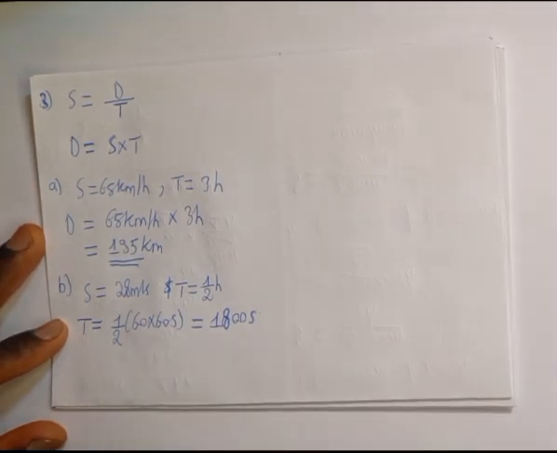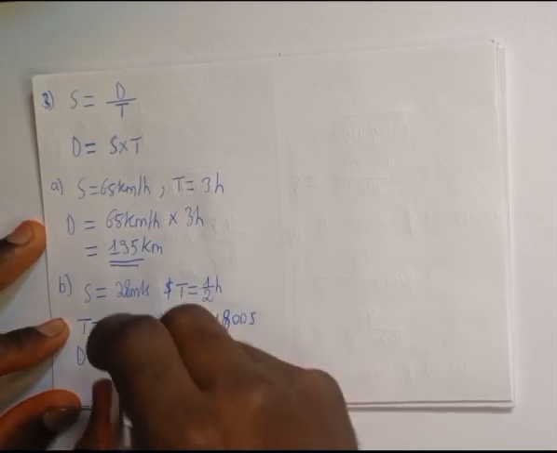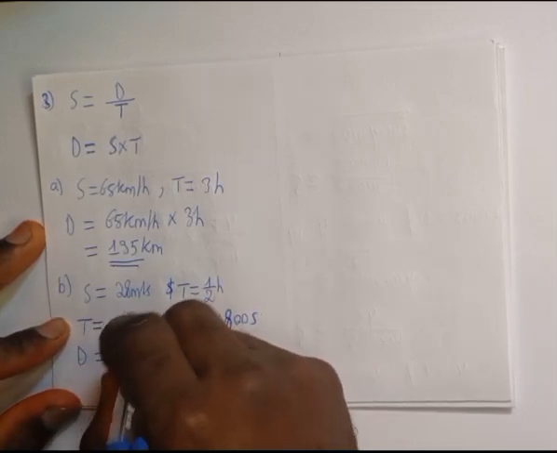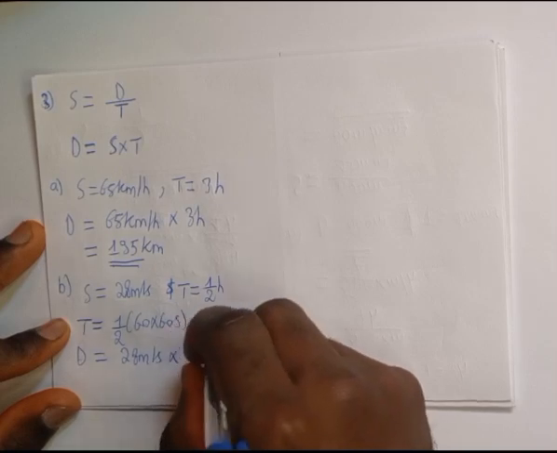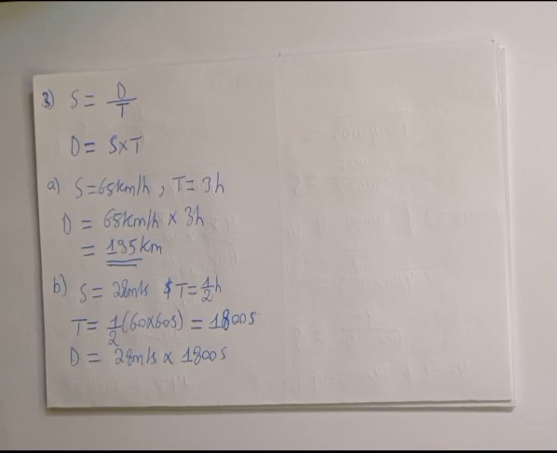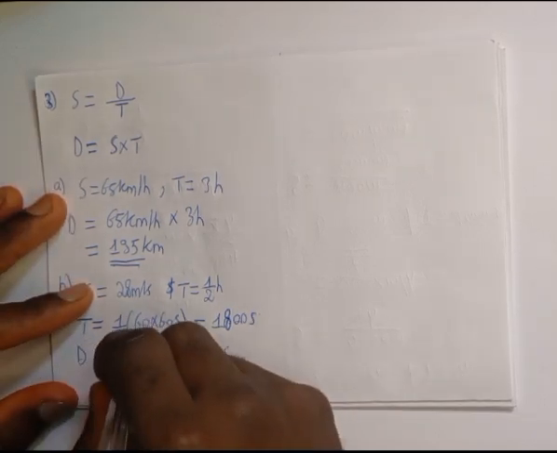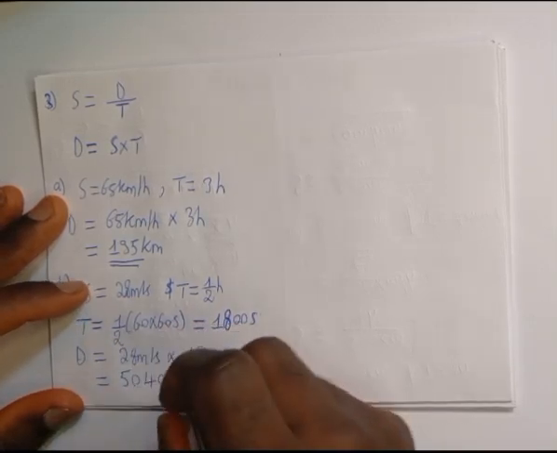Now we can proceed to calculate the distance traveled. The distance traveled by the object will be equal to the speed of the object, 28 meters per second, times 1,800 seconds. Let's perform the multiplication. This will be equal to 28 times 1,800. This will give us 50,400.